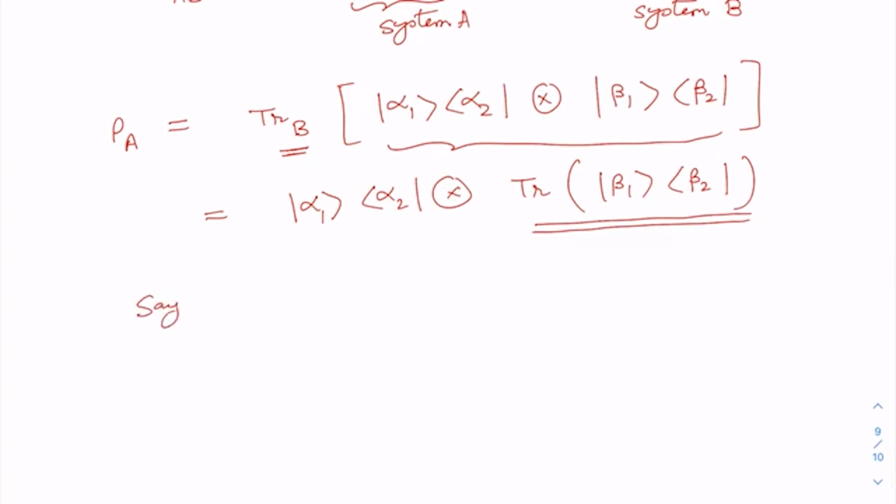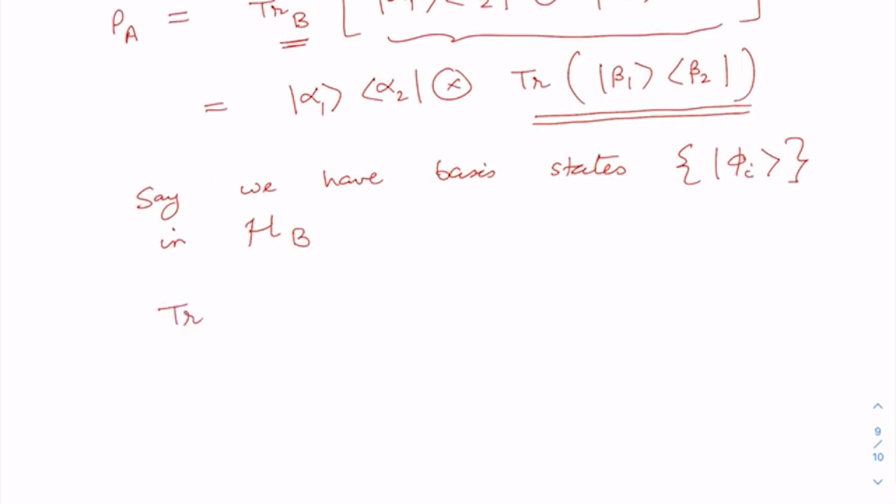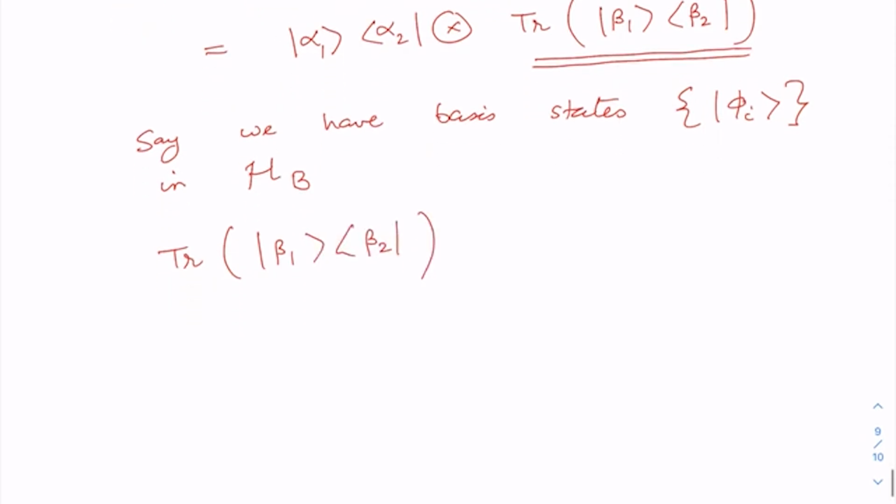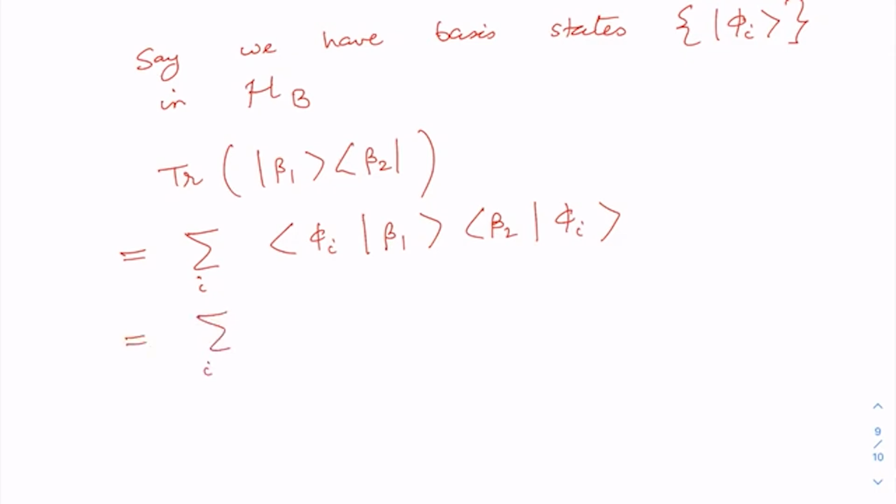Say we have basis states phi i, a set like this in the Hilbert space of system B. Then the trace over system B I can write like this: sum over i of bra phi i, ket beta 1 bra beta 2, ket phi i. These are numbers, so I can write bra beta 2 ket phi i, bra phi i ket beta 1.